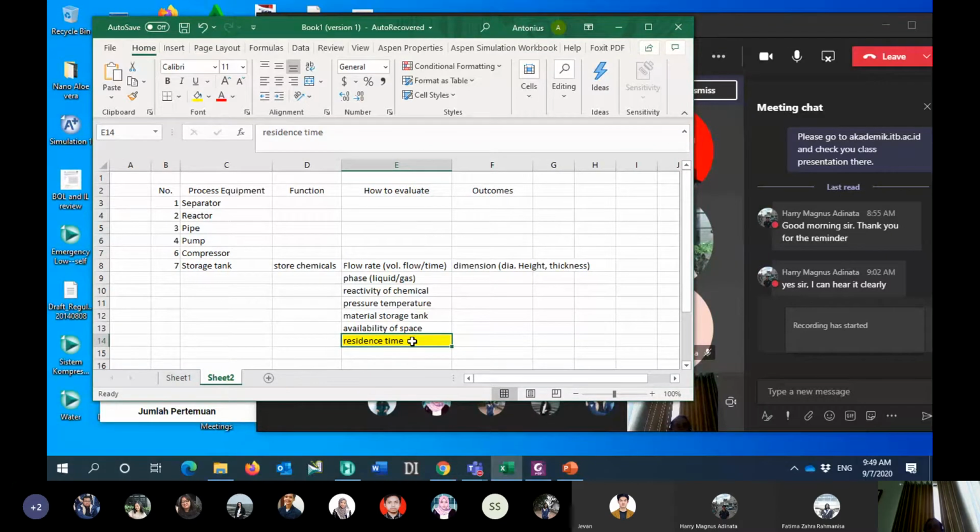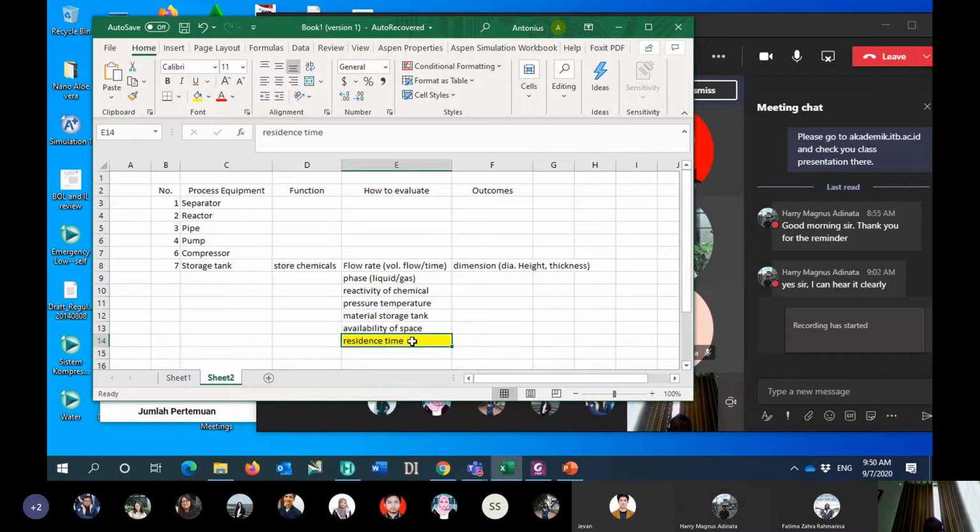And then how about the thickness and the reactivity of the chemical? In the case of a reactive chemical, for example, if your chemical is very corrosive, you have to calculate the corrosion rate. We will also discuss the corrosion rate in the separator, in the next week's class. After calculating that, you will define the thickness.